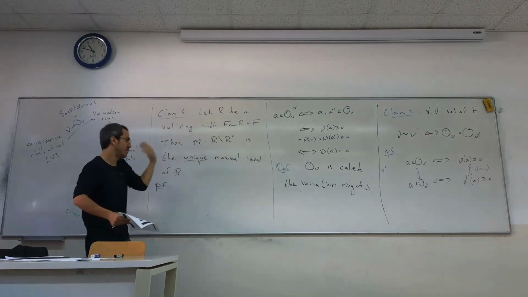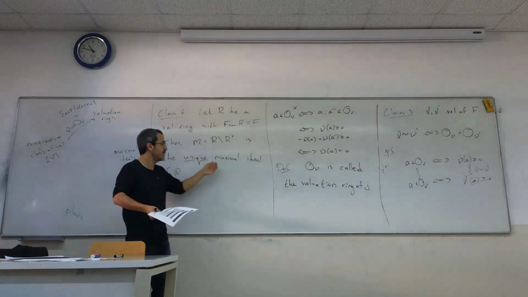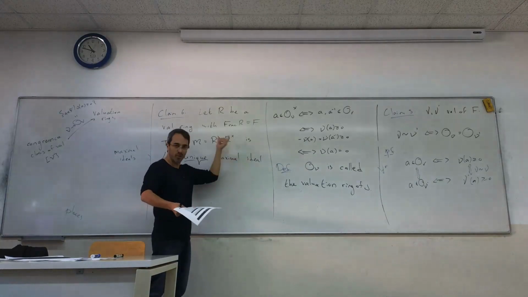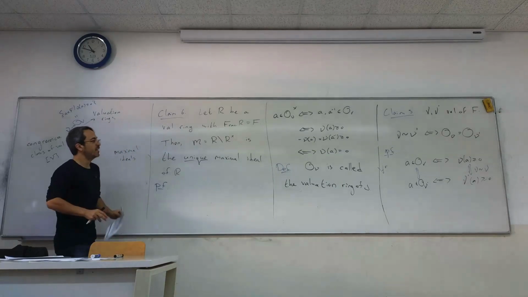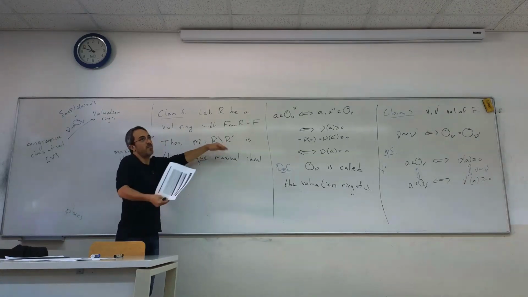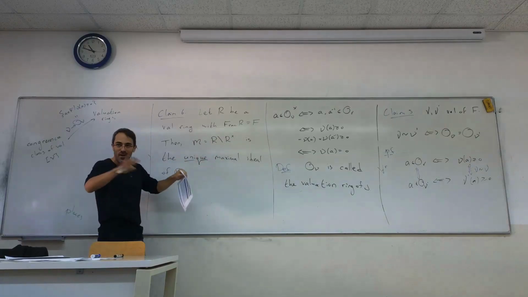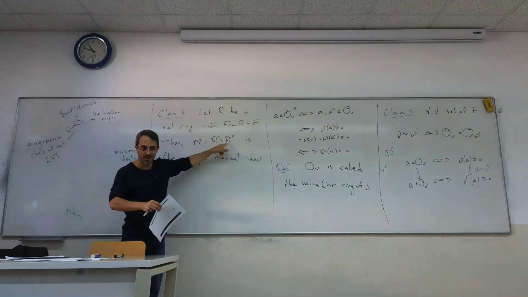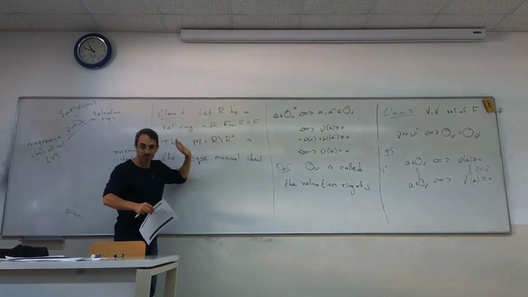Technically it's an ideal, but it's not a maximal ideal, because by definition, maximal ideals should not be the entire ring, if you remember. So once I prove this is an ideal, I'm done. It's going to be maximal because nothing is going to be larger, and it's going to be unique because there is no other way of reducing one element and adding another element, because we get a unit. You just can't add anything that this doesn't have.